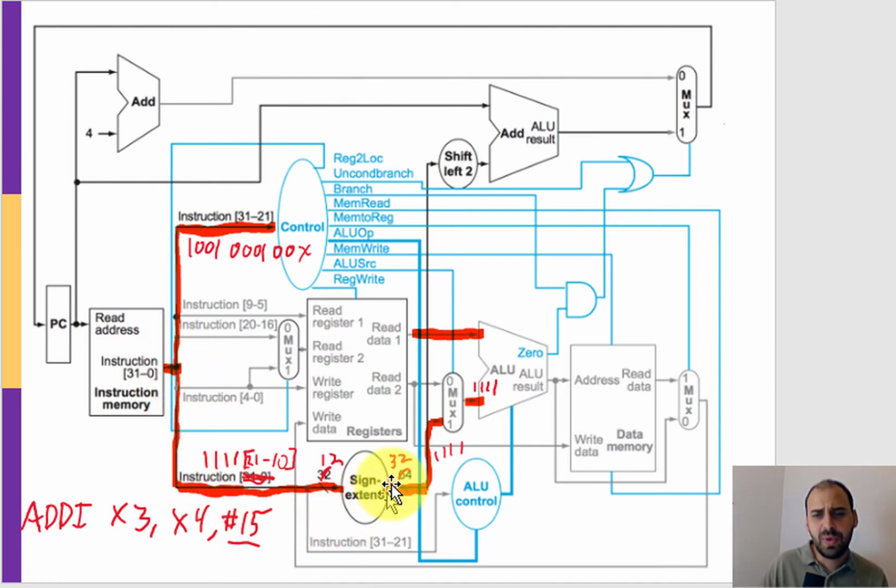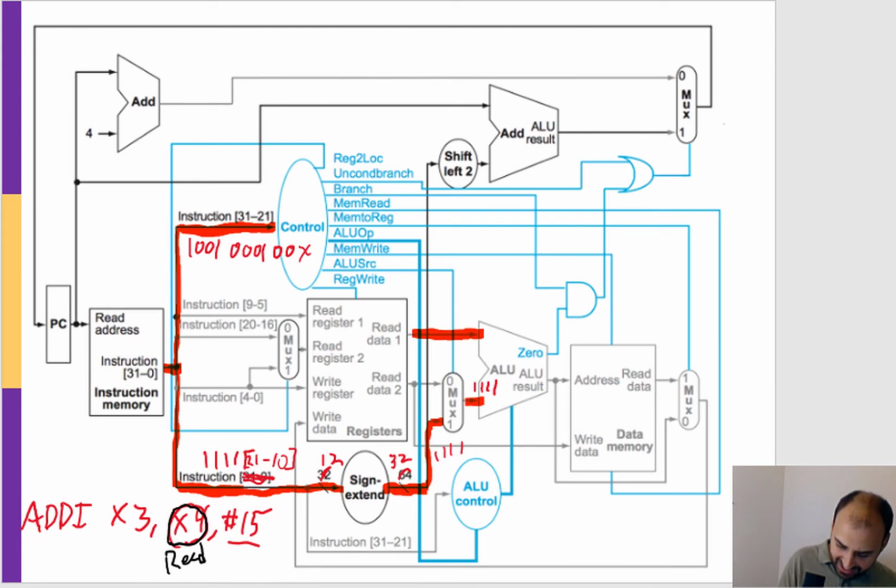Now, how did I get to this? Let's point out a couple of things. This is the immediate field, the 15. I know that that 15 is going to be added to the value in register 4, so 15 comes through here and gets fed into the ALU. Remember, in this case we only read 1 register.